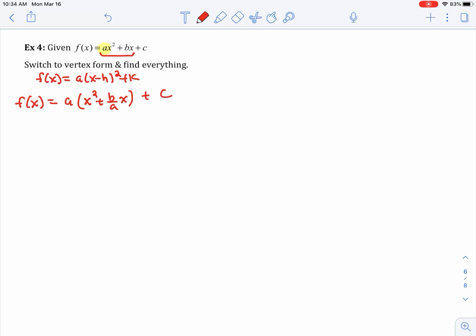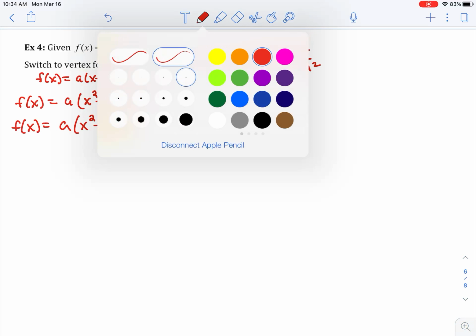And now inside the parentheses, we need to figure out what is that third term that needs to be added to create a perfect square trinomial. And in doing that, we know we take the coefficient of the x term, which in this case is the b over a, and we take 1/2 of that, which gives us b over 2a, and then we square that quantity, which gives us b squared over 4a squared.